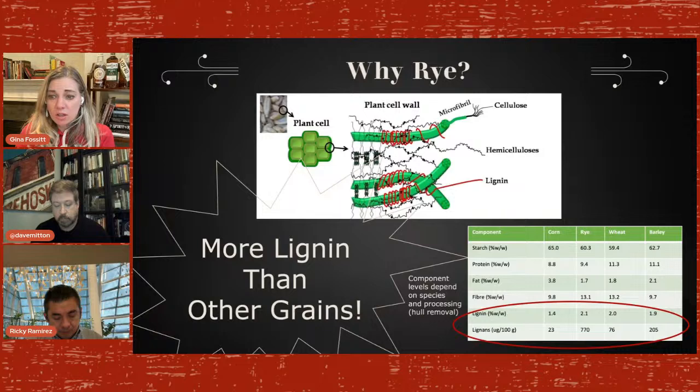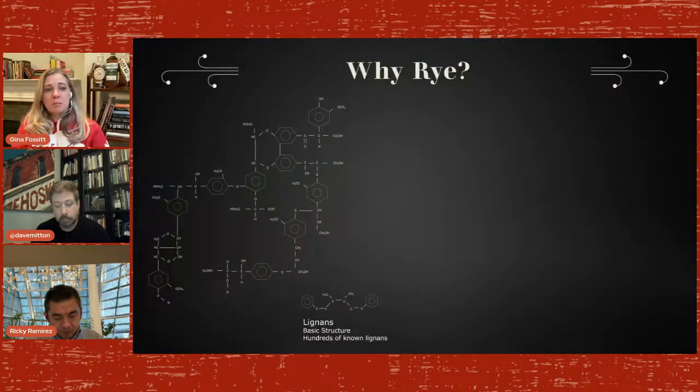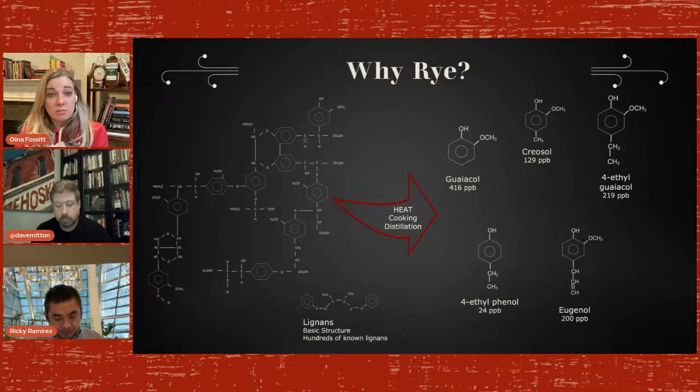If you look at that chart there, you can see there is more lignin in rye than any of the other grains. Okay, what does that mean? Here's lignin. This is the molecular structure of lignin. Giant molecule. When we heat it, cooking, distillation, we're heating it up, we're breaking this molecule apart into smaller molecules.